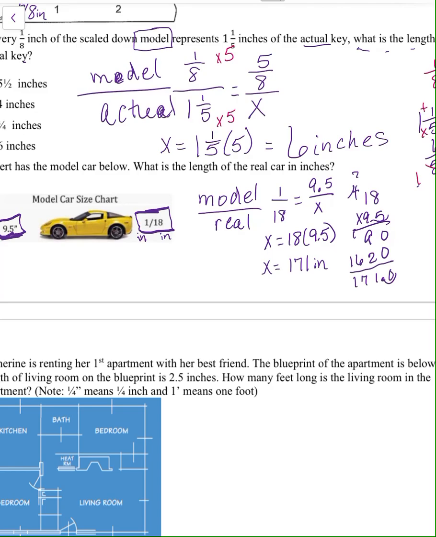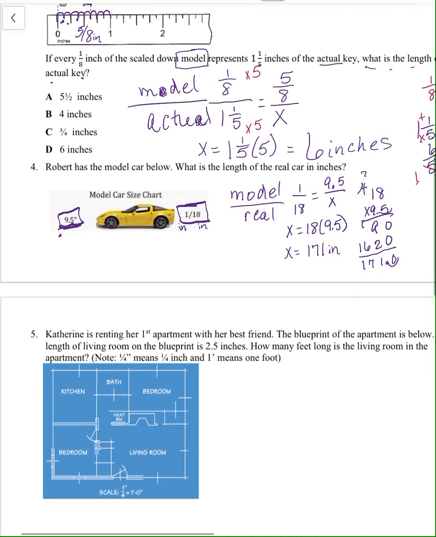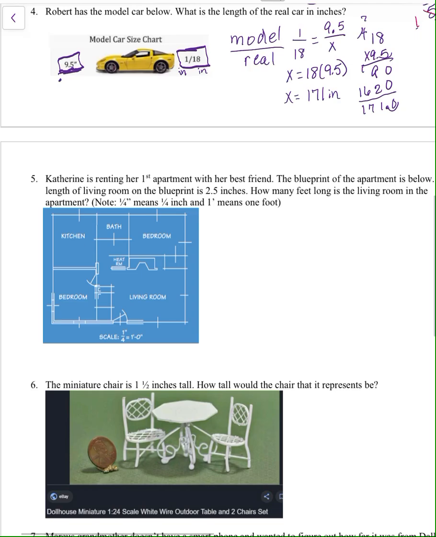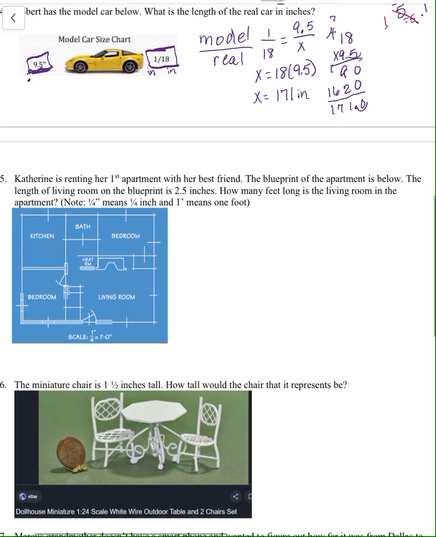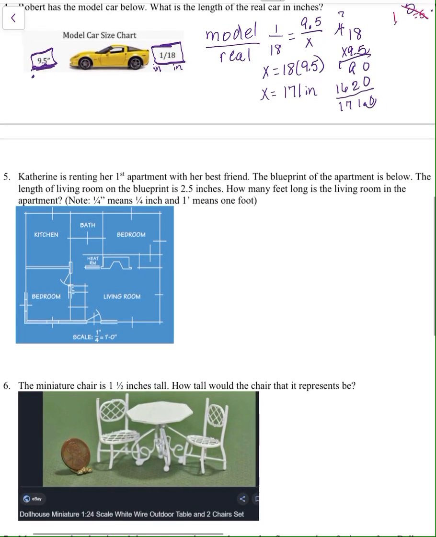It seems short. Okay, so our next question is a blueprint. And I would like for you to pause the video, and try it by yourself first, and then unpause it and check it. All right, so here's the scale, right?